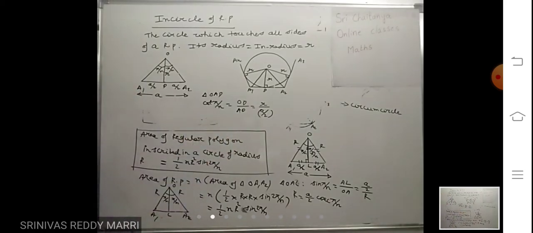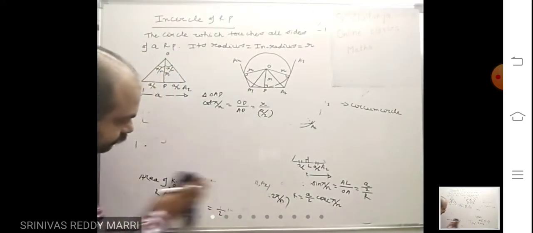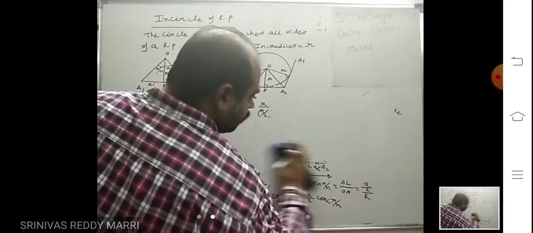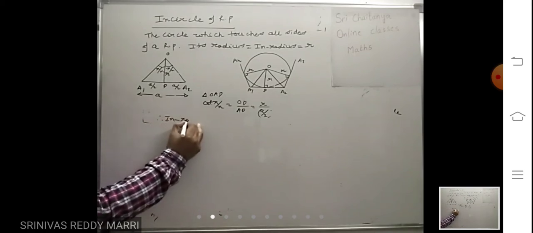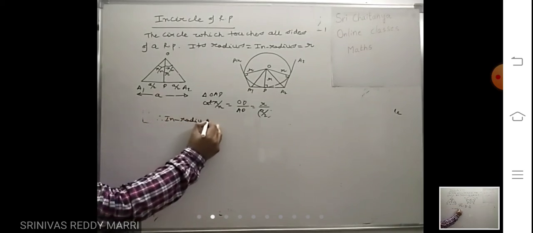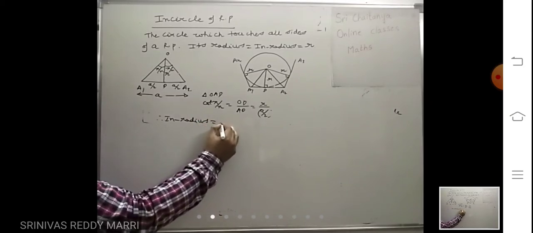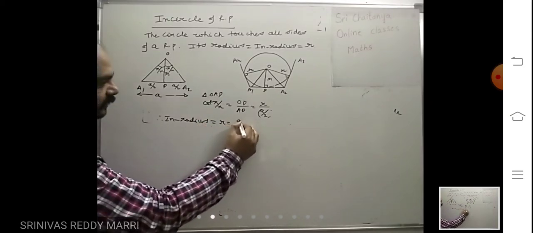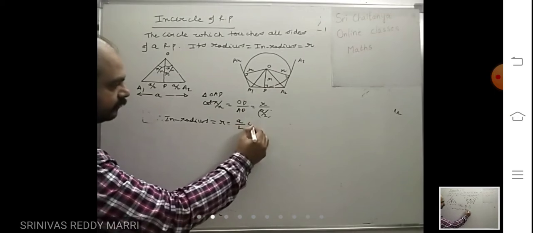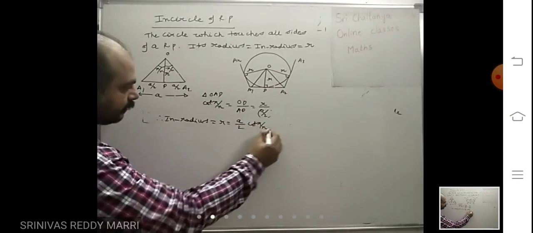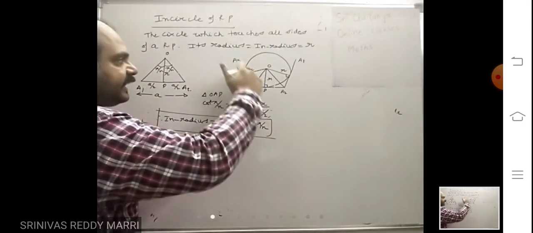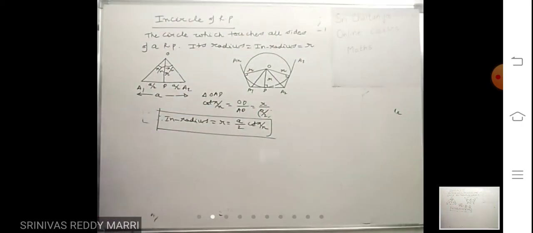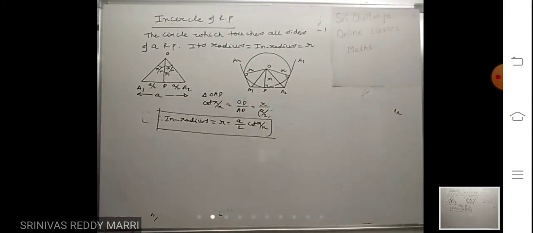Therefore, the formula is: inradius is nothing but r, which is a by 2 cot pi by n. So this is the radius of the circle which touches all the sides of the polygon.